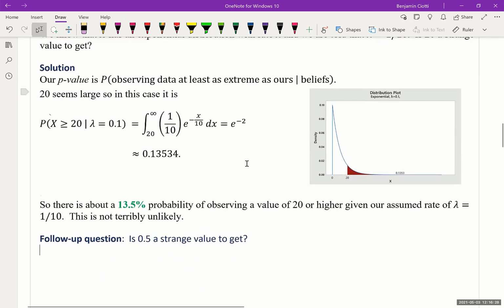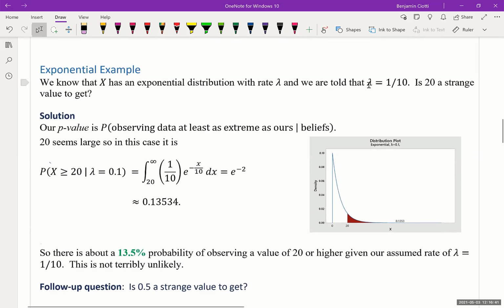So I now have a follow-up question to this problem. Is 0.5 a strange value to get? Again, where we are told that lambda equals 0.1.